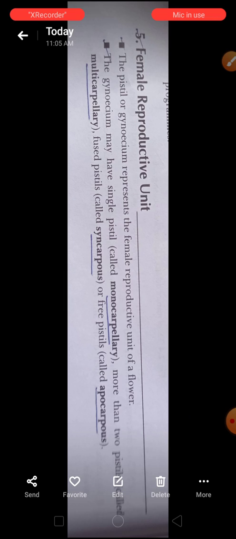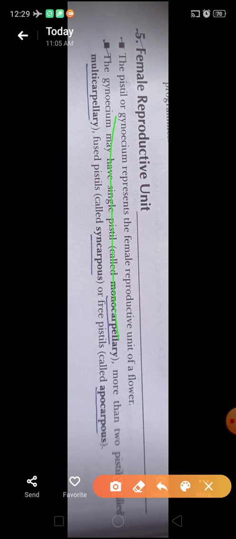Now second, the female reproductive unit. The pistil or gynoecium represents the female reproductive unit. The gynoecium may have a single pistil or more than one pistil.